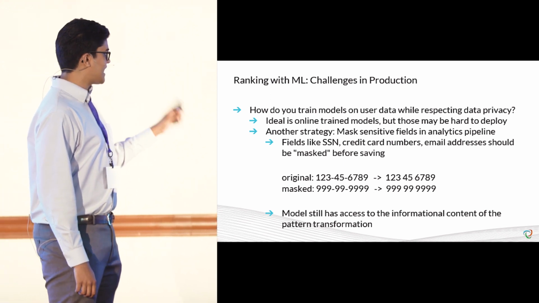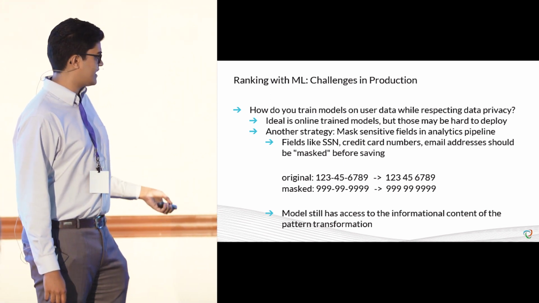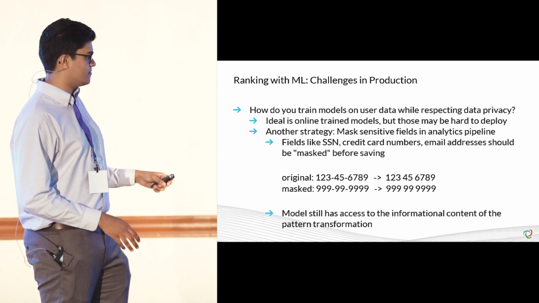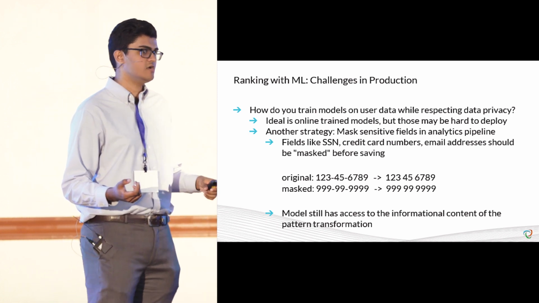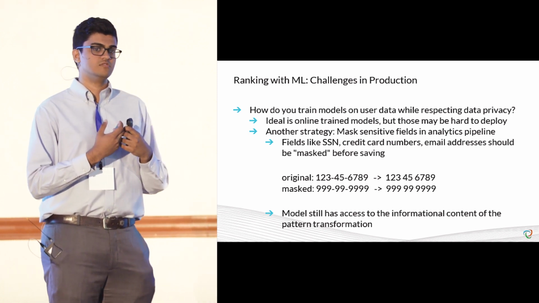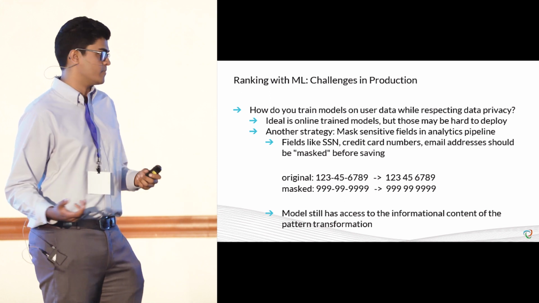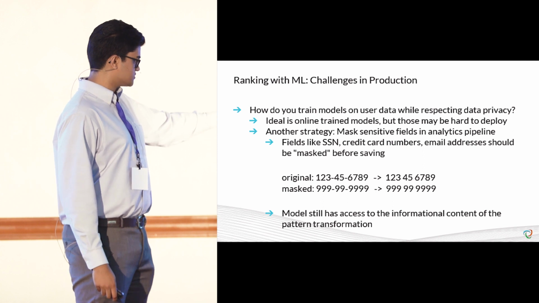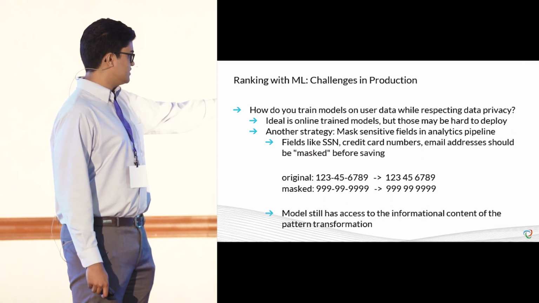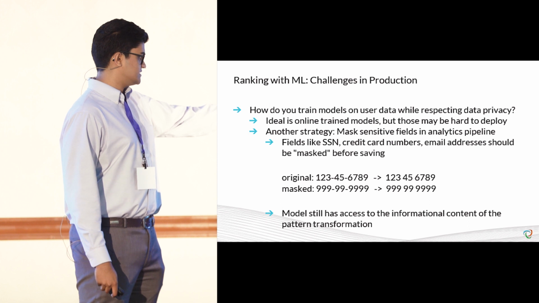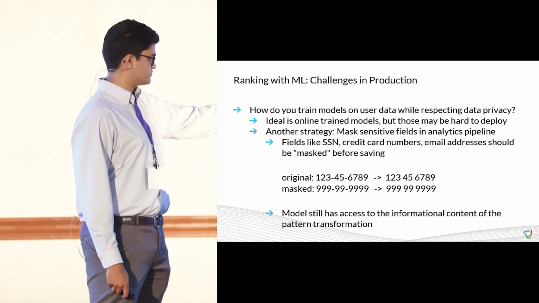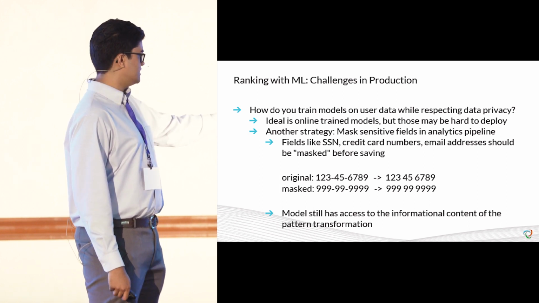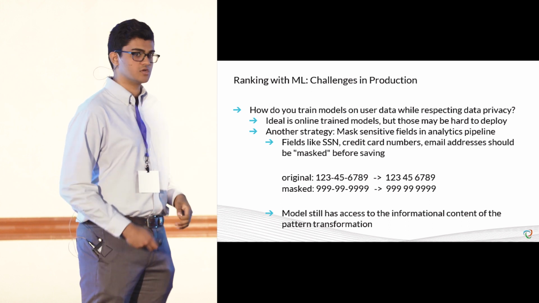But what we can do is this idea that we don't really care about what the specific values of some of these fields are. We just care about, from a string sense, what the logical format of them is. So for example, 1, 2, 3, 4, 5, 6, 7, 8, 9, let's say that's your social security number. You don't really need to know that those are the exact digits when you're trying to learn that transformation. All you need to know is where the digits are and where the delimiters are.